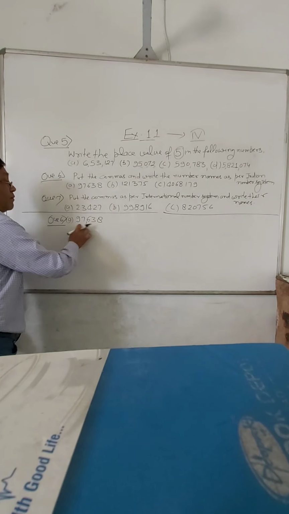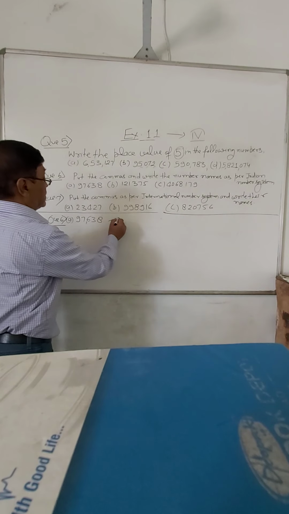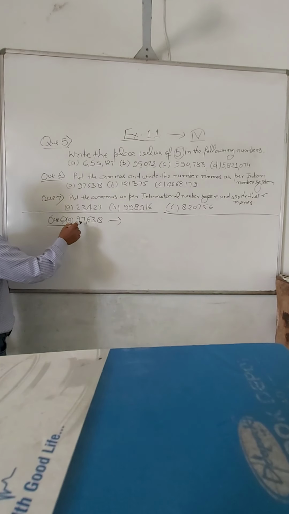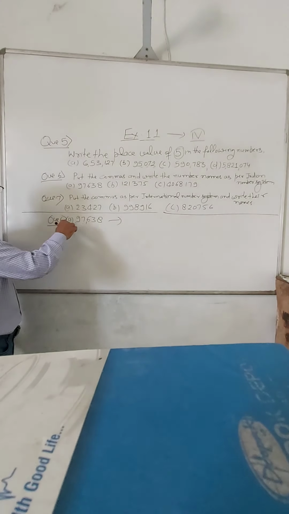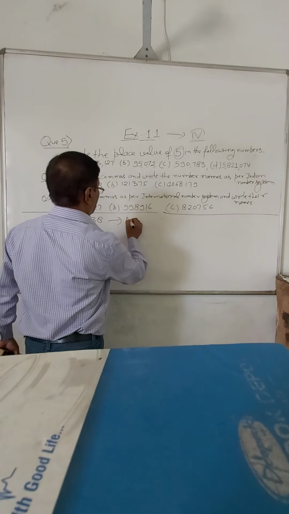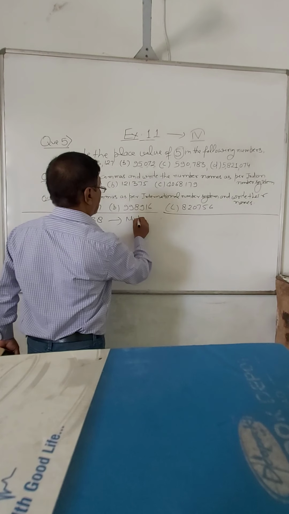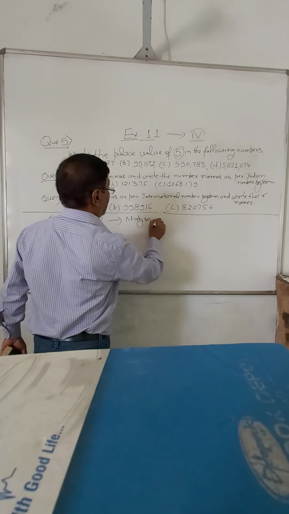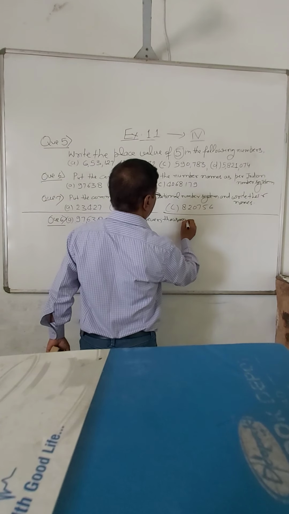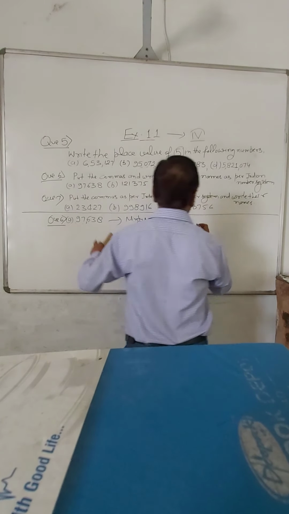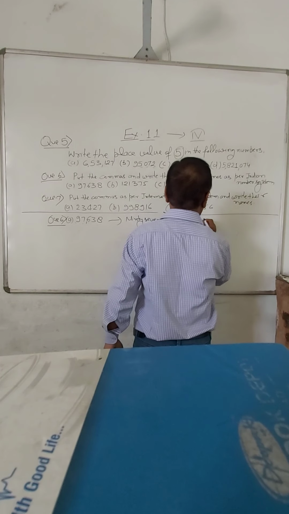So, how will this number be read? 1, 10, 100, 1000, 10,000. So this will be read 97,000. And then 638.